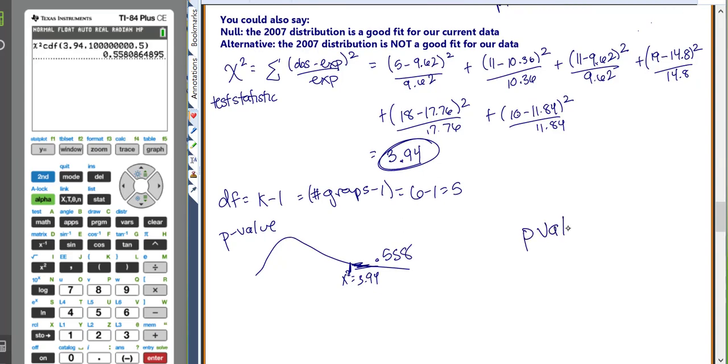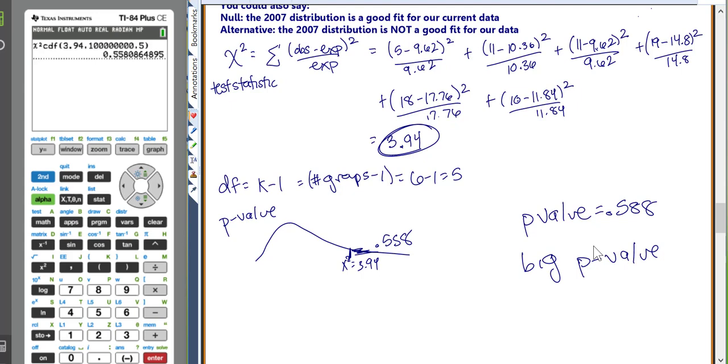So my p-value equals 0.558. That looks like a big p-value. And so for a big p-value, I fail to reject the null.